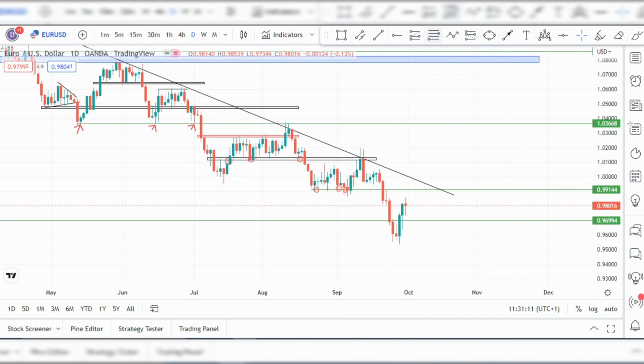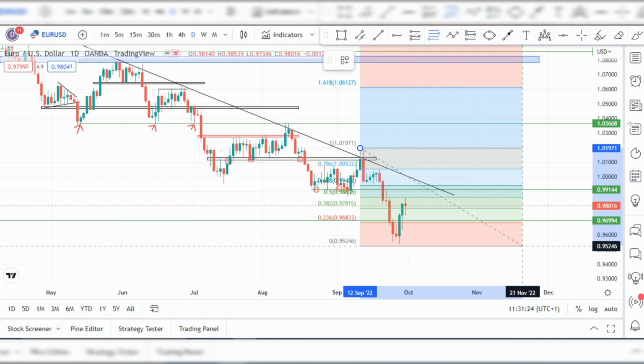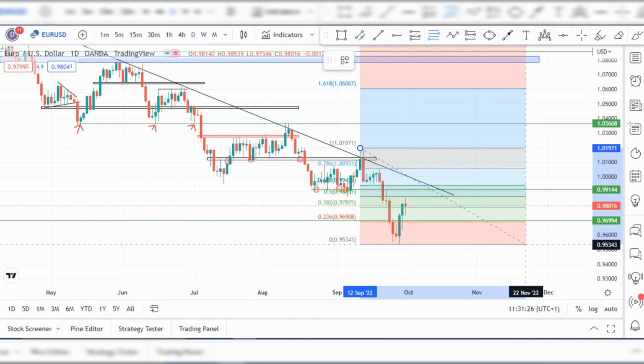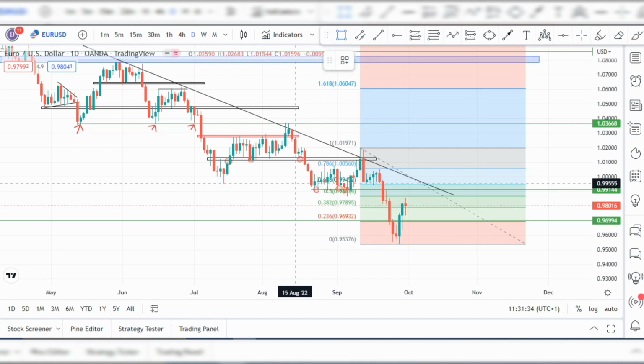Usually when using the Fibonacci retracement, we're targeting either the 50% level or the 61.8% level. Looking at it from this swing high to the swing low, we can see that our golden ratio is between this area here.